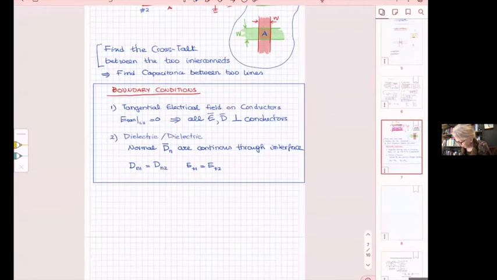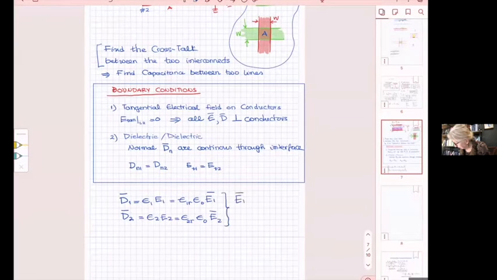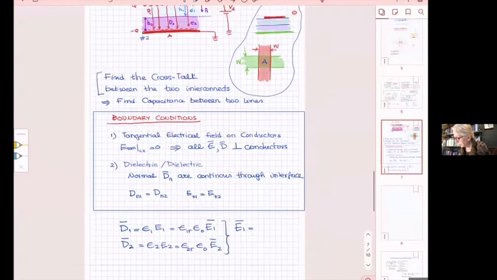What we know additionally is that D1 is epsilon 1 E1, which is epsilon 1R, the relative dielectric constant, times epsilon naught E1. And D2 equals epsilon 2 E2, epsilon 2R, epsilon naught E2. And also we know that E1 has only the normal component to this.